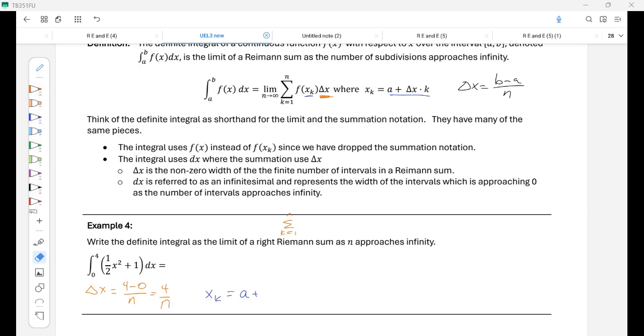I wrote a, but in our case, a is 0. Delta xk is just going to be kind of a repeat, 4 over n times k. So once you have delta x, you just kind of have to piece together x sub k. I can clean that up a little bit. I don't need to write 0 plus, so I'll just write 4k over n.